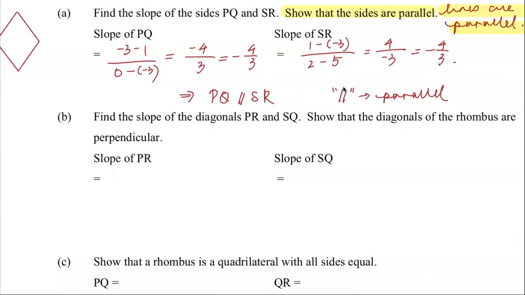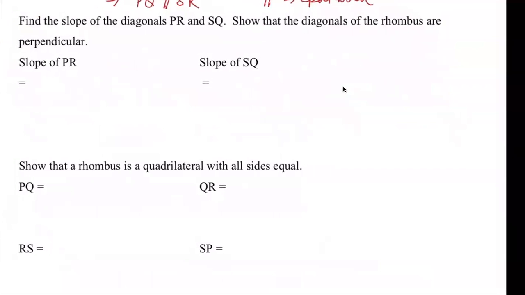Part B: find the slope of the diagonals PR and SQ, and show that the diagonals of the rhombus are perpendicular. How do we show that two line segments or two straight lines are perpendicular using slopes? Here is another conclusion that you need to remember. Let's say we have two straight lines, L1 and L2.